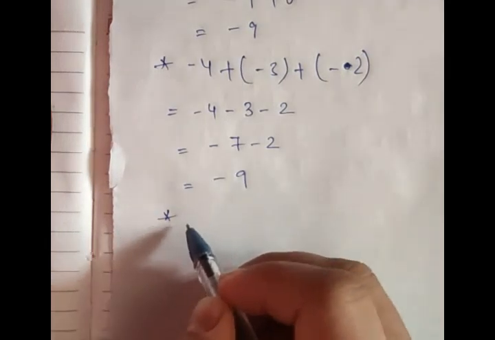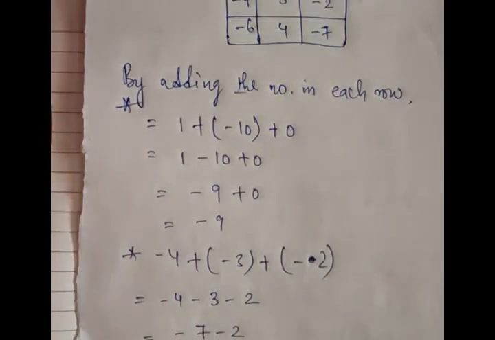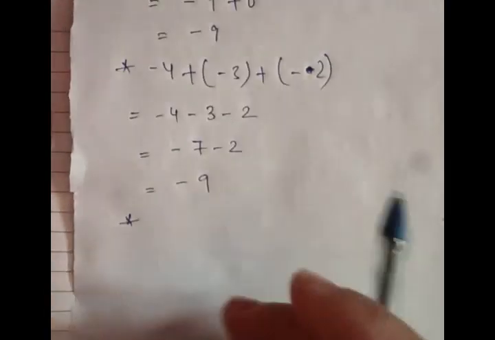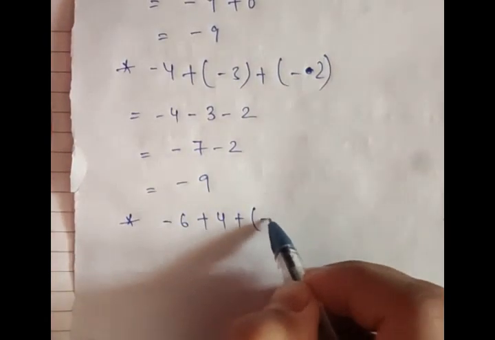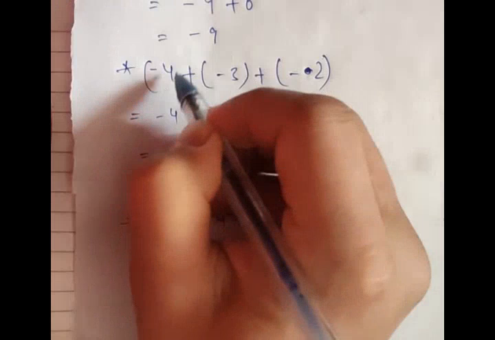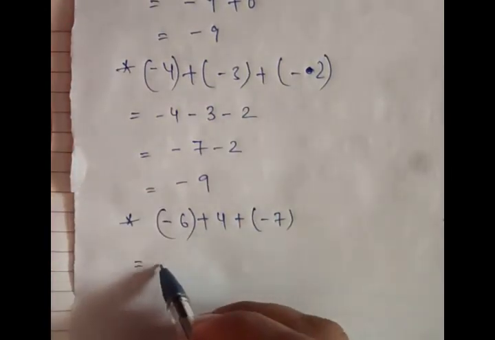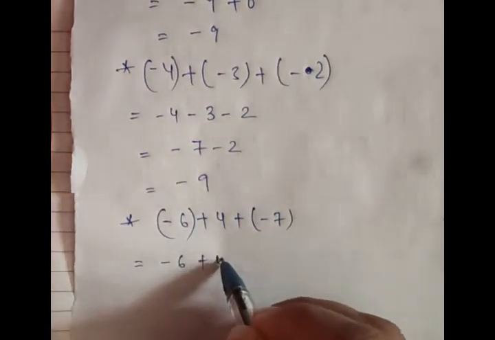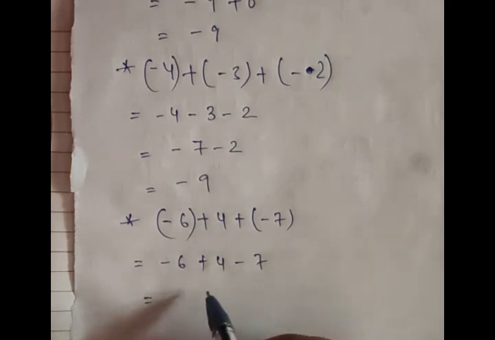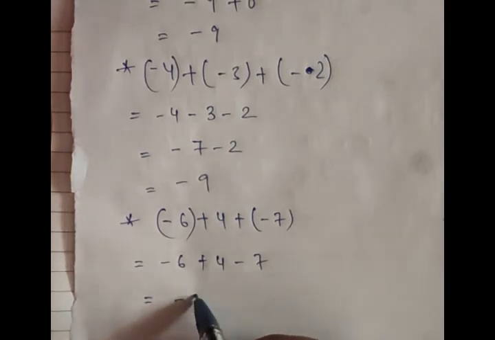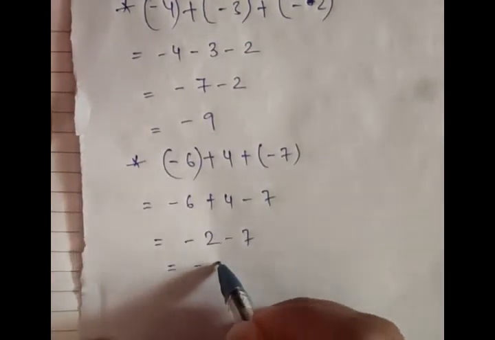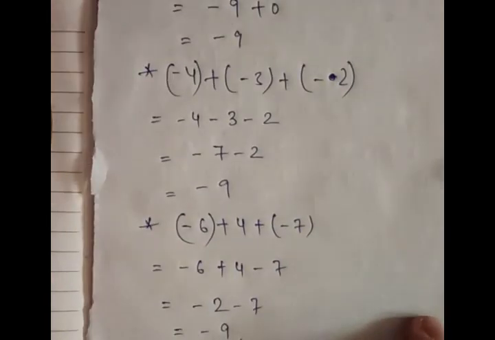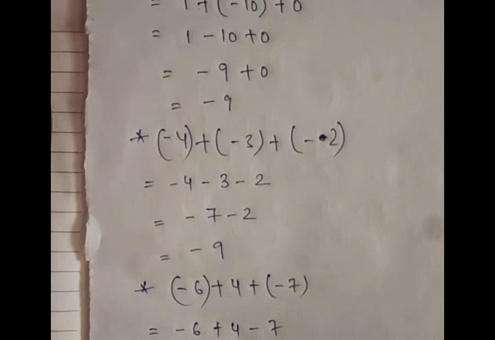Similarly we'll do for the third row, that is minus 6, 4 and minus 7. So it is minus, how much? Minus 2 minus 7 is equal to minus 9. So in each row we got the same number, minus 9.